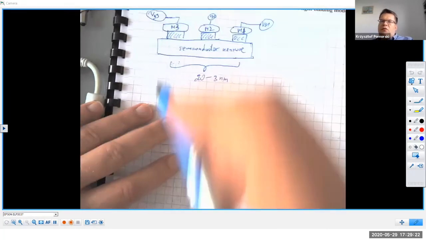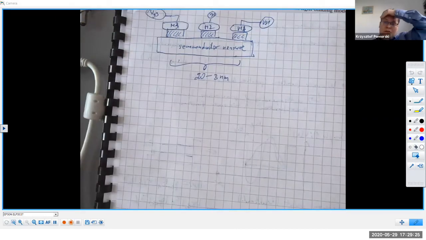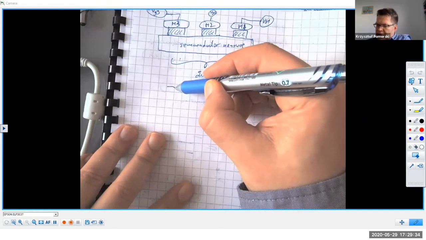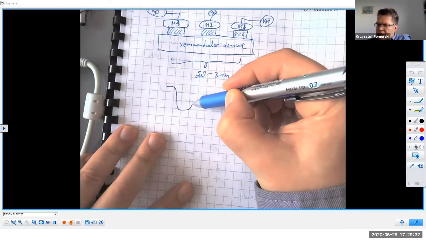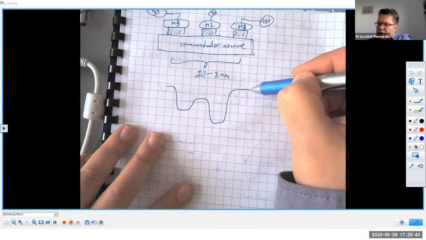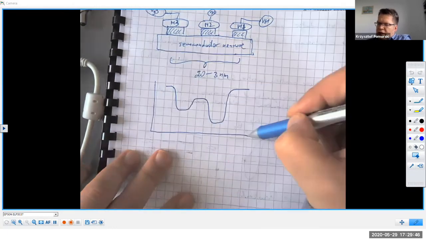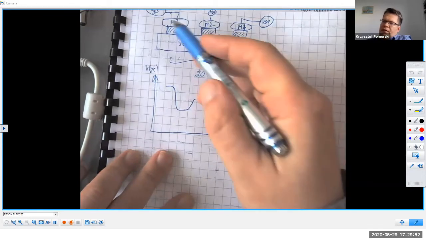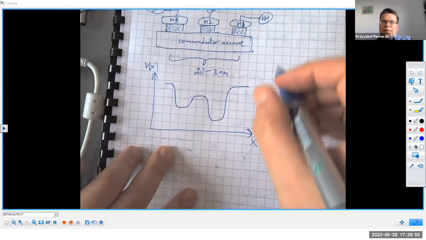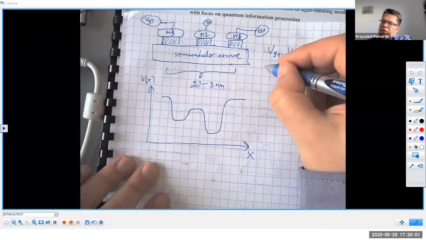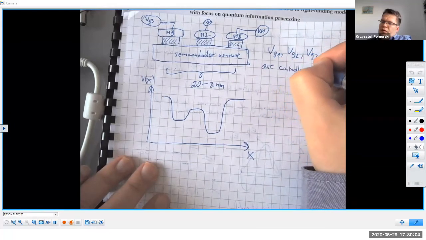Basically, you are using a planar field effect transistor, and you can generate any type of potential. Well, maybe not any, but quite a big family of potentials that you can control. So this is one of the possibilities. Obviously, you are generating such a potential by having three controlling voltages: VG1, VG2, VG3.